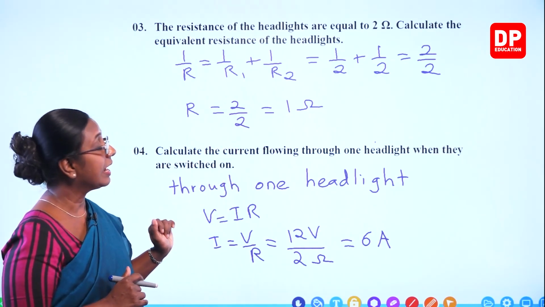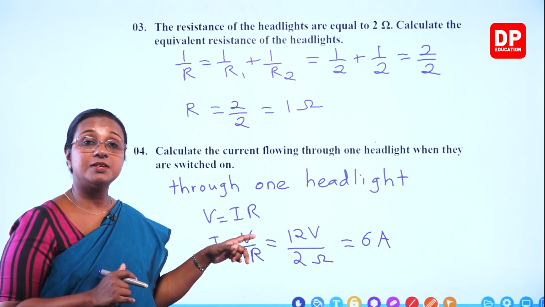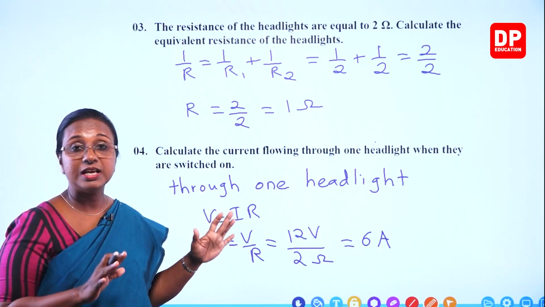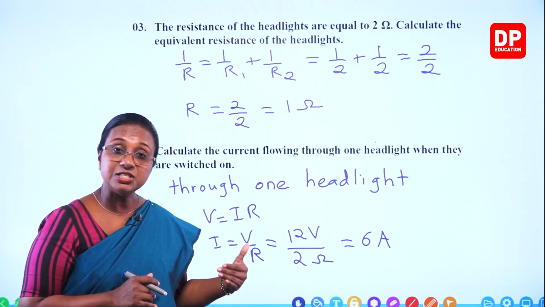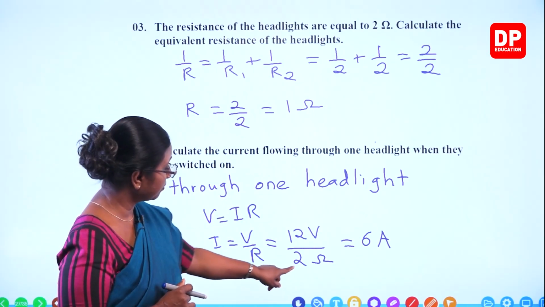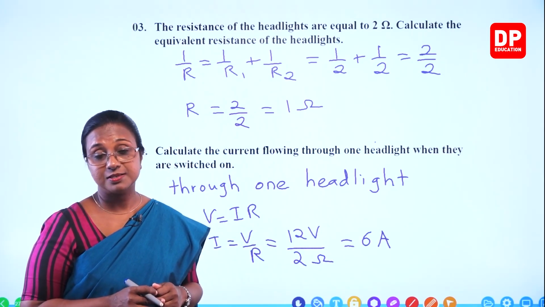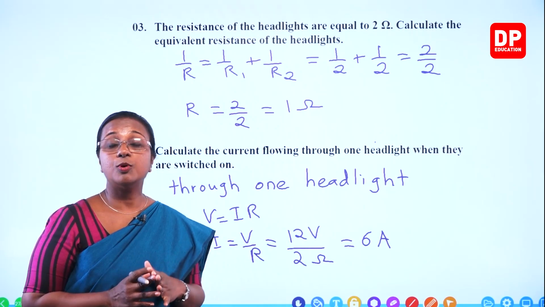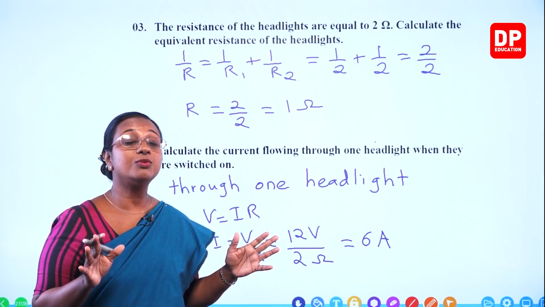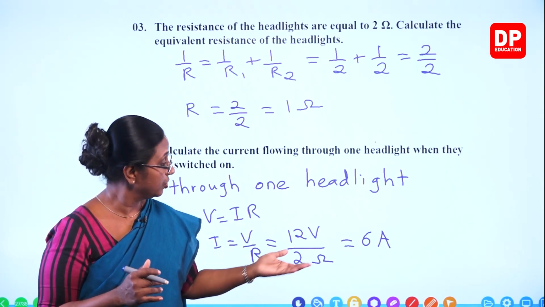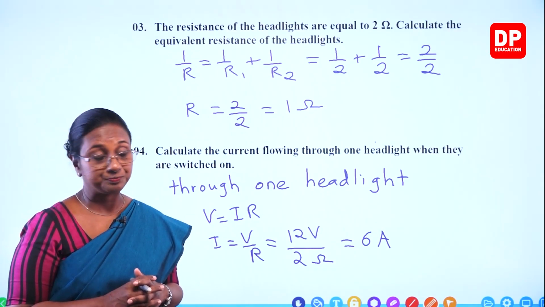And here if you calculate the current flow, you can remember, students, the potential difference across the two headlights are equal, and that is equal to 12 volts, and each headlight has a resistance of 2 ohms. So the current flow will be 6 amperes. Equal current flow through both the headlights, it would be equal to 6 amperes. So the total current flow through the circuit will be the sum of the two. So that will be equal to 12 amperes. You have to remember that as well.